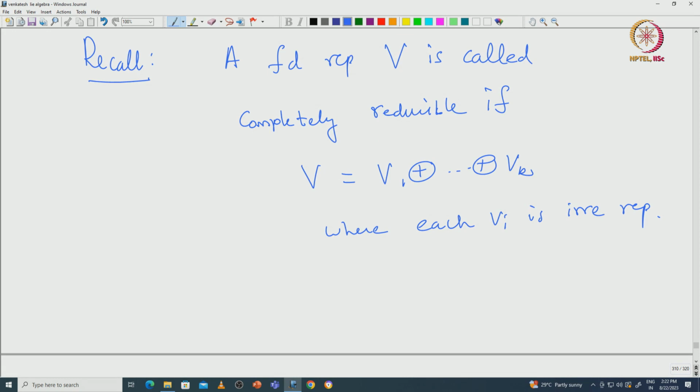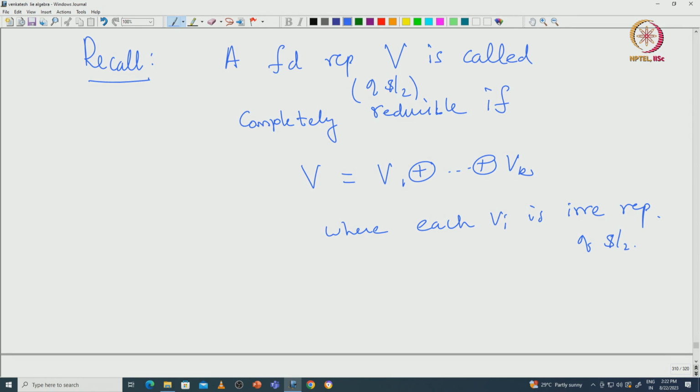Now, if you are interested in SL2 representations, you start with a finite dimensional representation of SL2 and then you demand that this V can be written as a direct sum of irreducible representations of SL2.